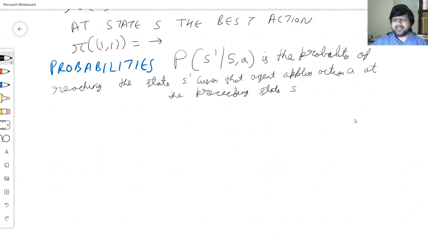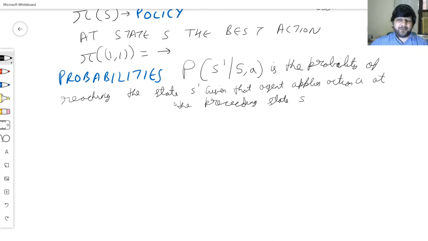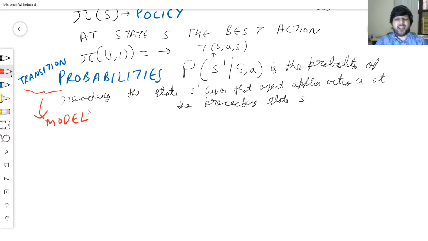As of now, I've defined the probabilities. So what's the probability of reaching a state given I know my previous state and my previous action? It's also called the transition probabilities. And it is also denoted by a term which is T(S, A, S'). From S, I applied action A and reached the state S'. And it's also called a model. Now remember, the model is a generic term. It represents many things.